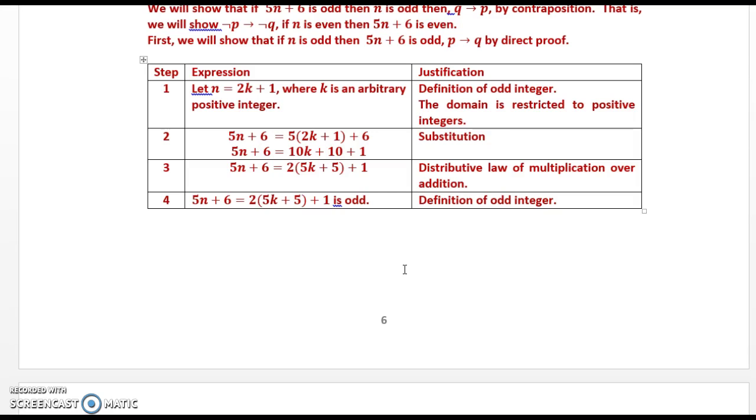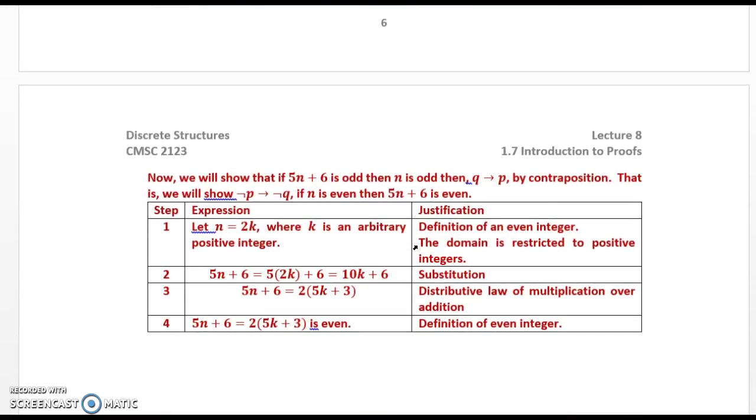We get 5n plus 6 is equal to 10k plus 10 plus 1. 5n plus 6 is equal to 2 times the quantity 5k plus 5 plus 1 by the distributive law of multiplication over addition. We conclude that 5n plus 6 is odd because we have 2 times an arbitrary integer plus 1 by the definition of an odd integer.